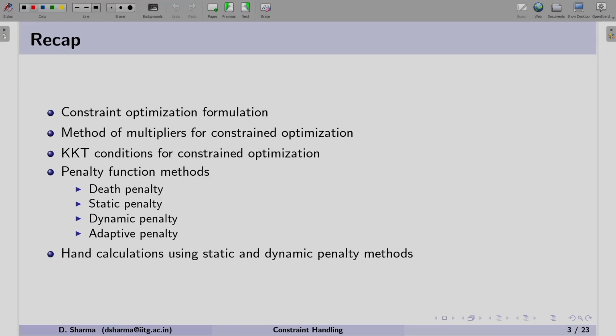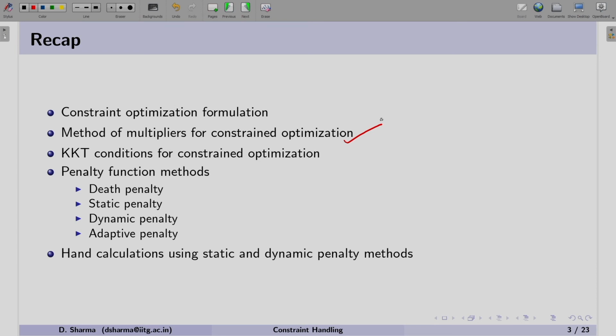As a recap, till now what we have covered in constraint optimization, we started with a constraint optimization formulation which consists of an objective function subjected to inequality constraints, equality constraints and the variable bounds. Thereafter, we discussed the method of multipliers for constraint optimization. In this method, we converted a constraint optimization problem into an unconstrained optimization problem by using a Lagrangian multiplier.